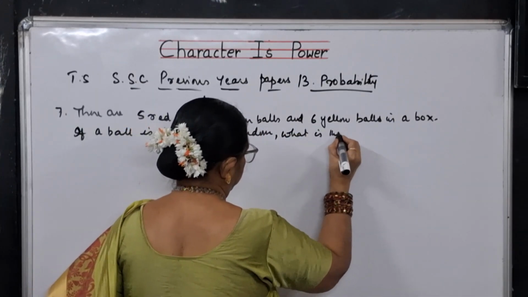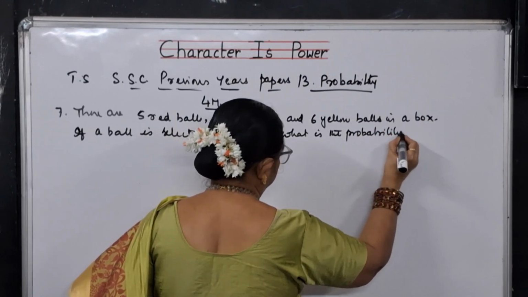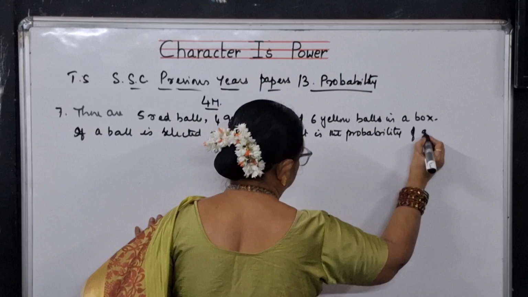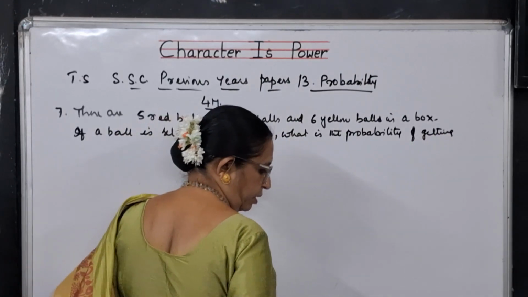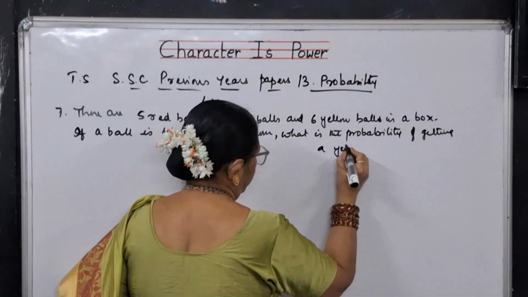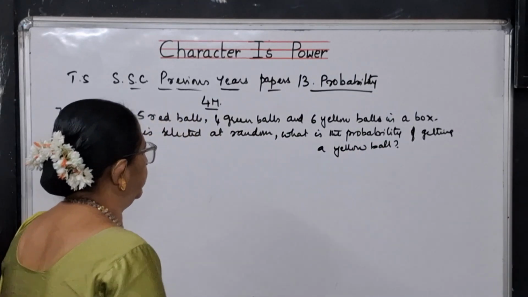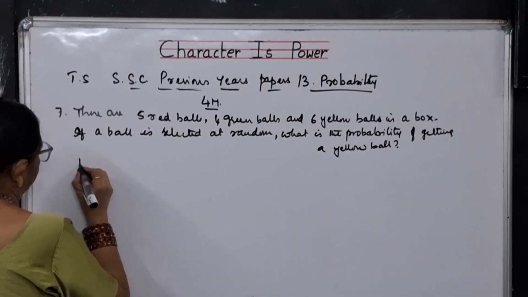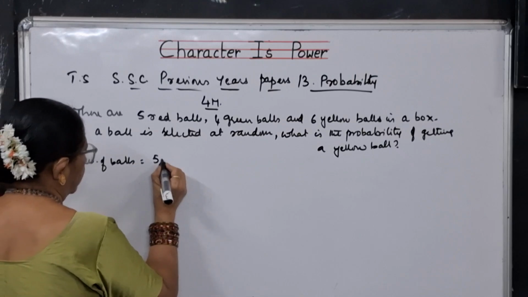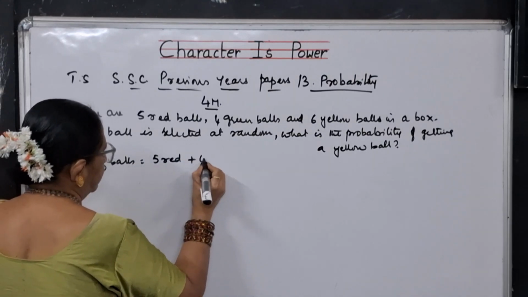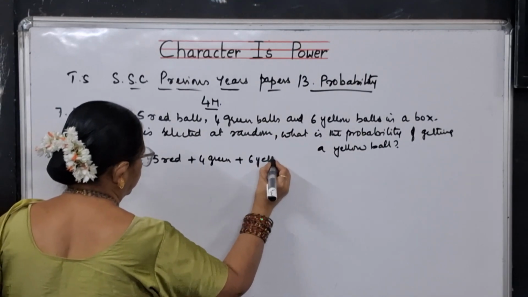What is the probability of getting what ball they said? A yellow ball. What is the probability of getting a yellow ball? So, what are the number of balls given here? 5 red plus 4 green plus 6 yellow.